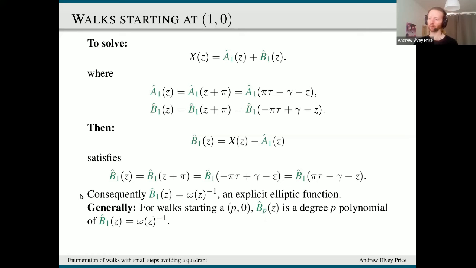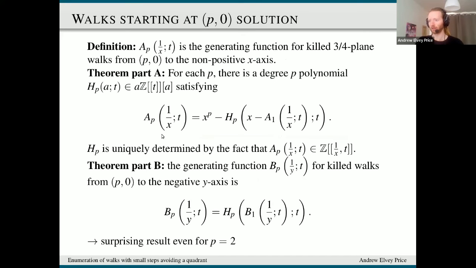So that's still in the analytic world, but now using this polynomial, we can move back to the formal power series world, and this implies that we can write the series A_p and B_p that count walks starting on the axes and ending on the negative axes. Moving back to the formal power series world, these are simply related to A1 and B1, so they can be written directly in terms of these.